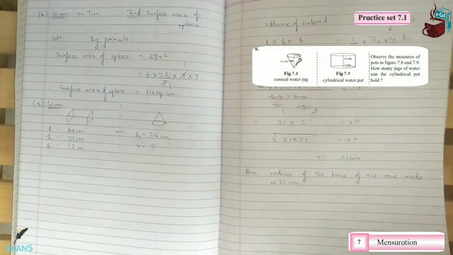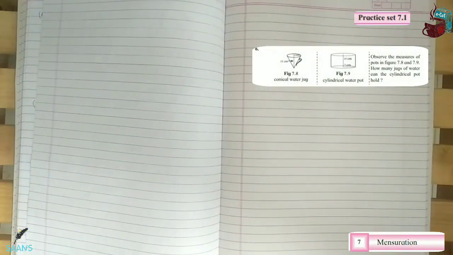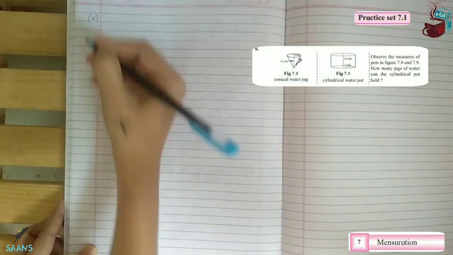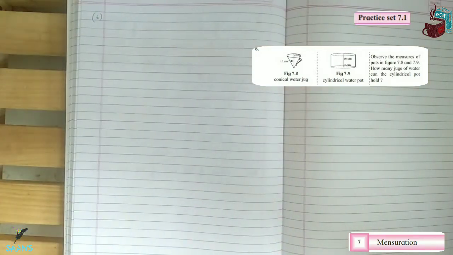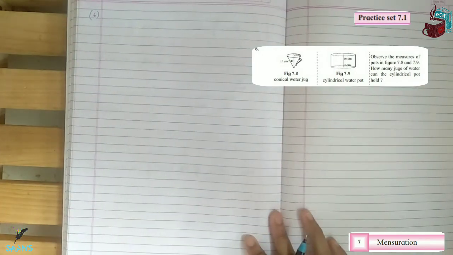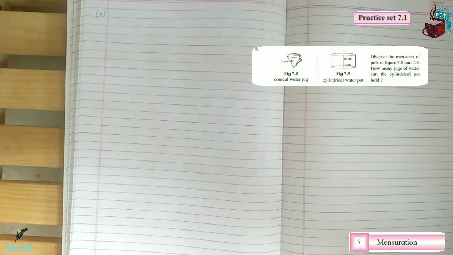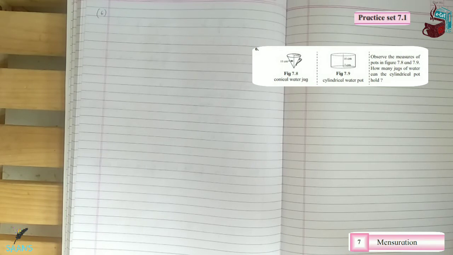This is the sixth sum. Now this is a direct sum. As you can see, they are saying that it is a cylinder and a conical flask. They are asking how many conical water jugs the cylindrical water pot will hold.